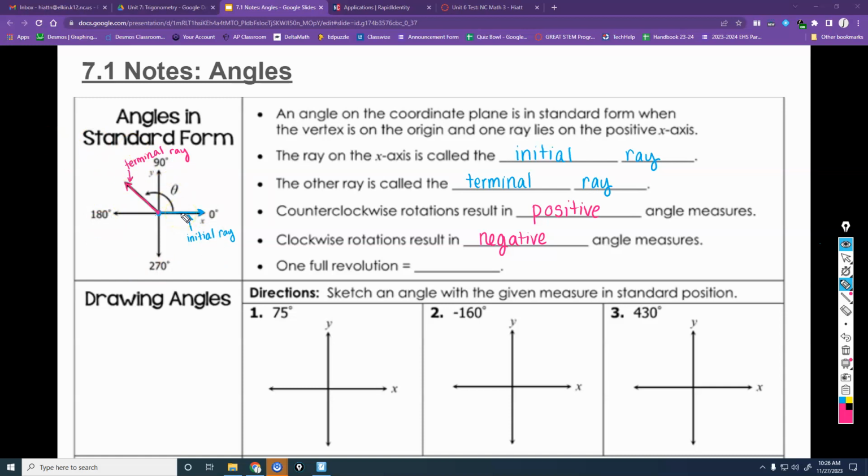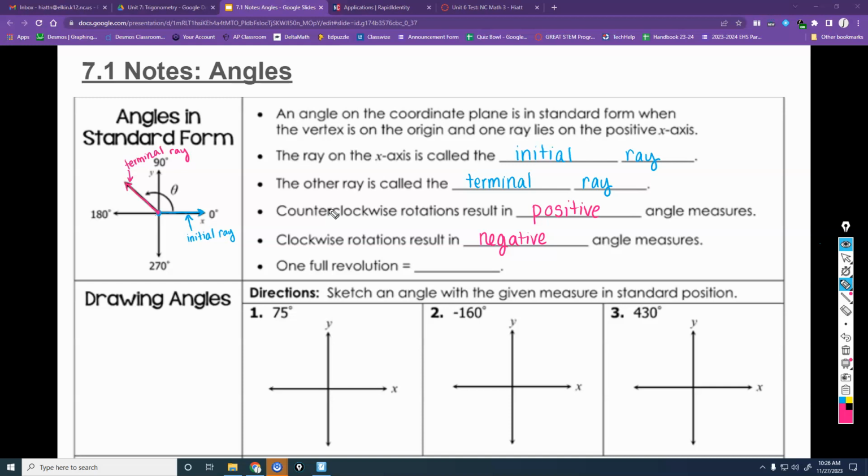Whenever we see these words clockwise and counterclockwise, those might not be words that you think about very often, but if you look at the clock, which direction are the hands moving? They're going this way, so that is clockwise. It's like a clock. Counterclockwise would be the other direction, the opposite way that a clock spins.